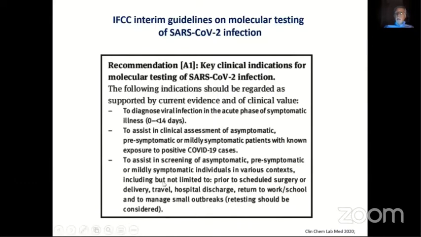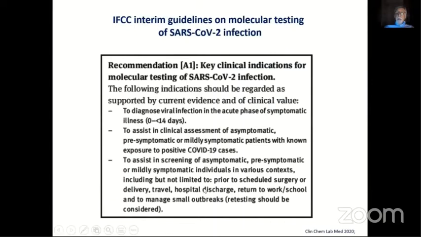It is important to assist in clinical assessment of asymptomatic, pre-symptomatic, or mildly symptomatic patients with known exposure to positive COVID-19 cases. This is important because about 2/3 of the patients are asymptomatic. The molecular tests are really very important.